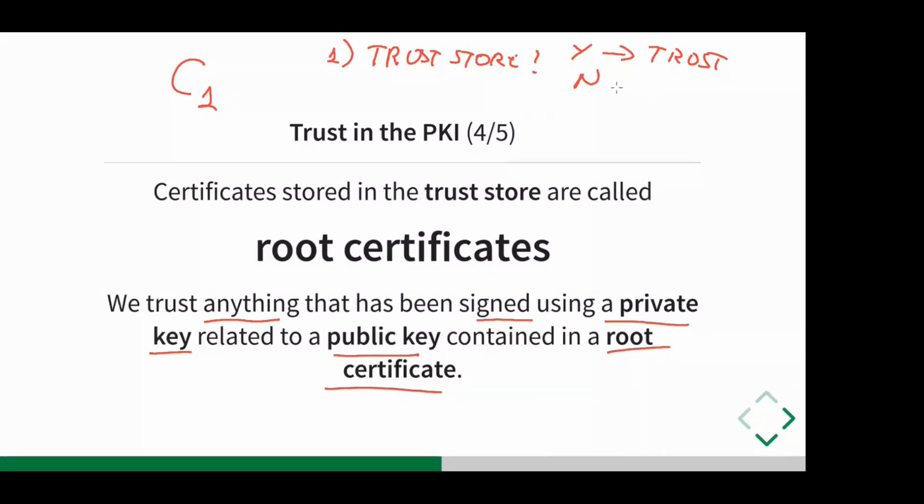I ask, okay, maybe I don't have it directly in the trust store, but maybe in the trust store I find another certificate, C2, and essentially I bind C1 to C2. I check that C1 has been signed by an entity that was certified by C2, an entity that I trust because it's in my trust store.